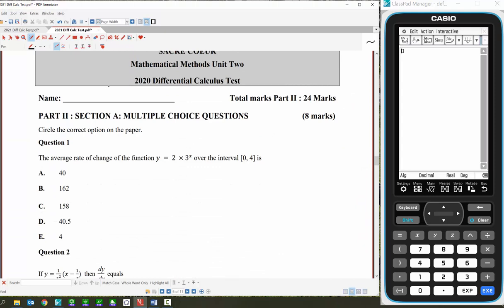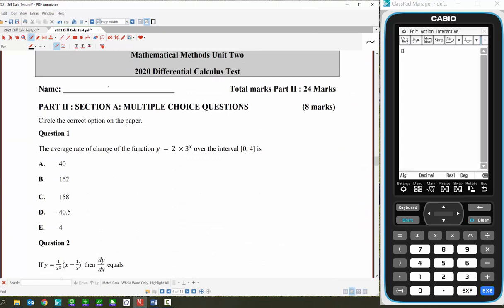So the next part is multiple choice. The average rate of change of this function over the interval 0 to 4. I wonder if this is quick to do by hand. So 0 goes in, 3 to the 0 is 1, so that's going to be 2. 4, 3 to the 4.